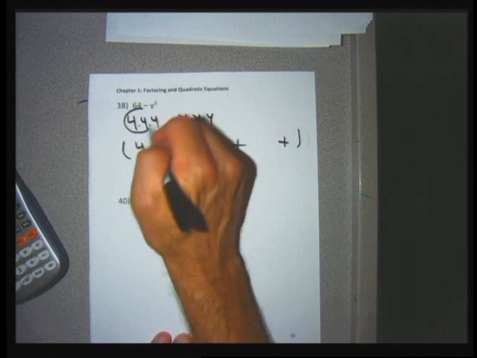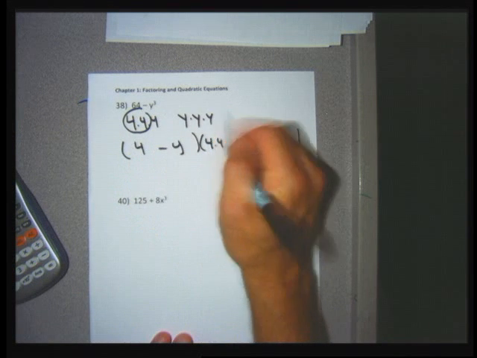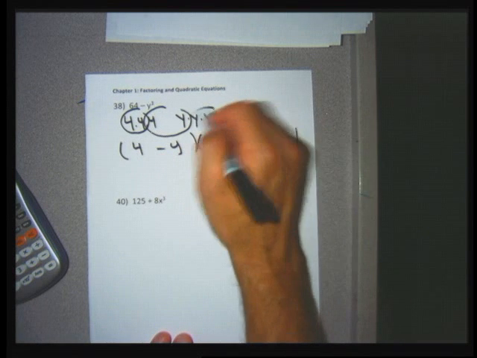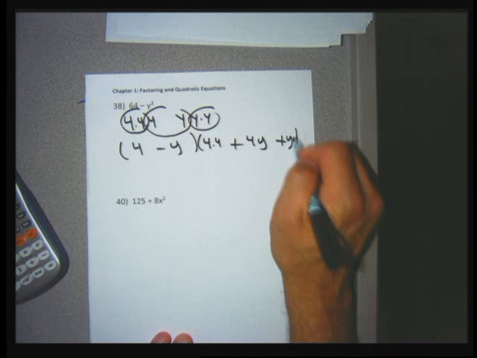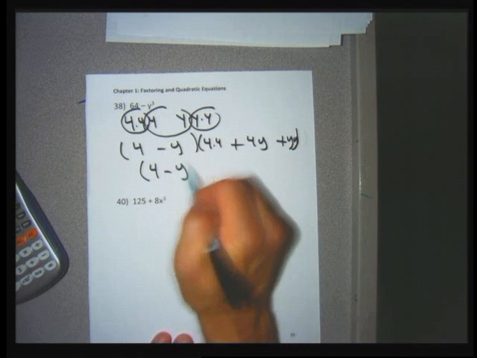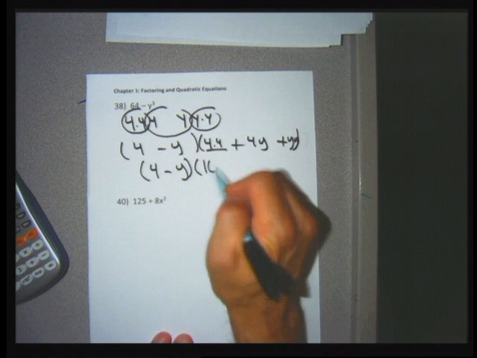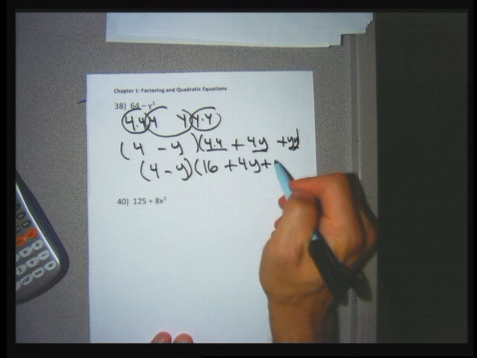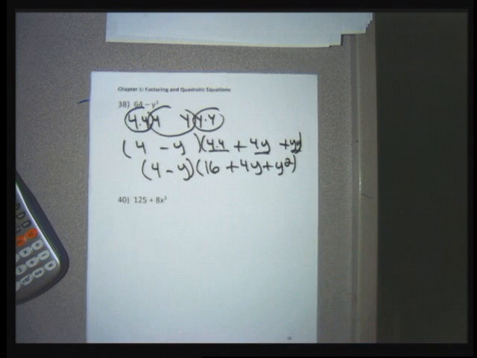Second parentheses, start pairing. 4 times 4, 4 times y, y times y. So I get 4 minus y. Then the 4 times 4 is 16, the 4 times y is 4y, the y times y is y squared. That's it.